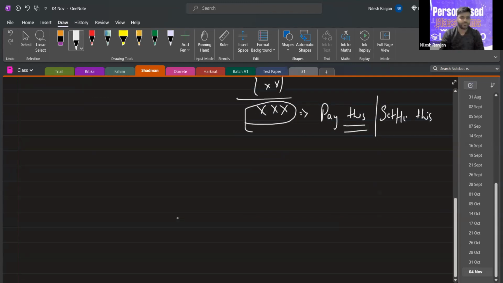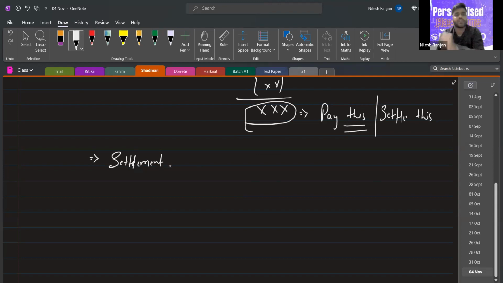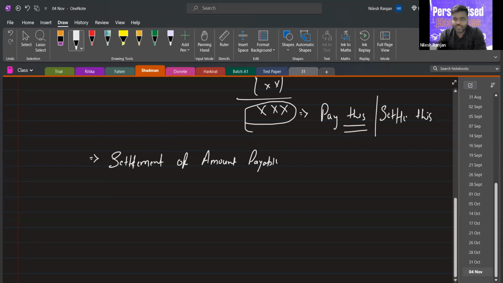So here, settlement of amount payable to a retiring partner.